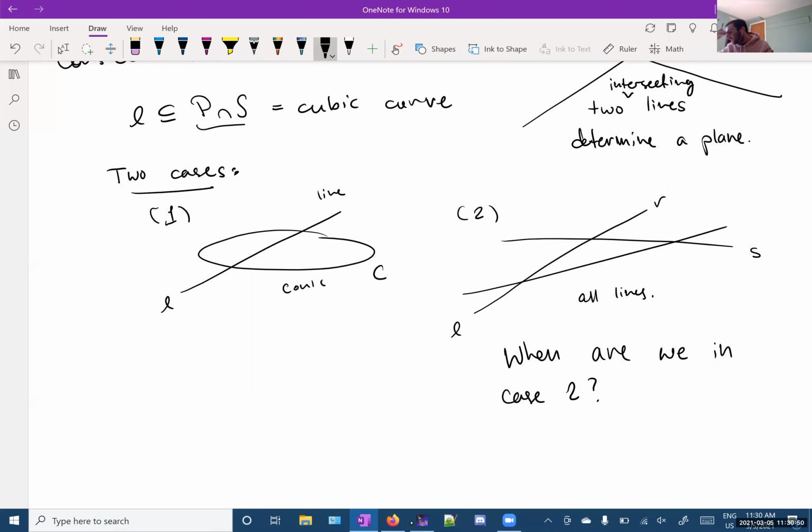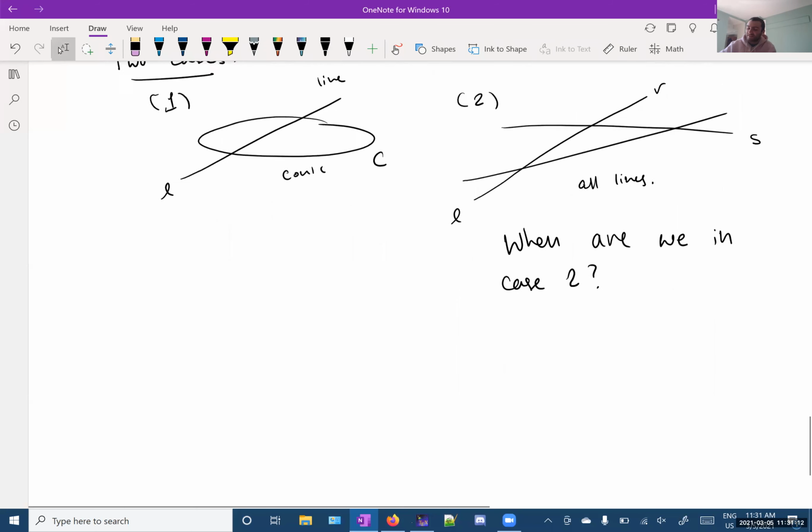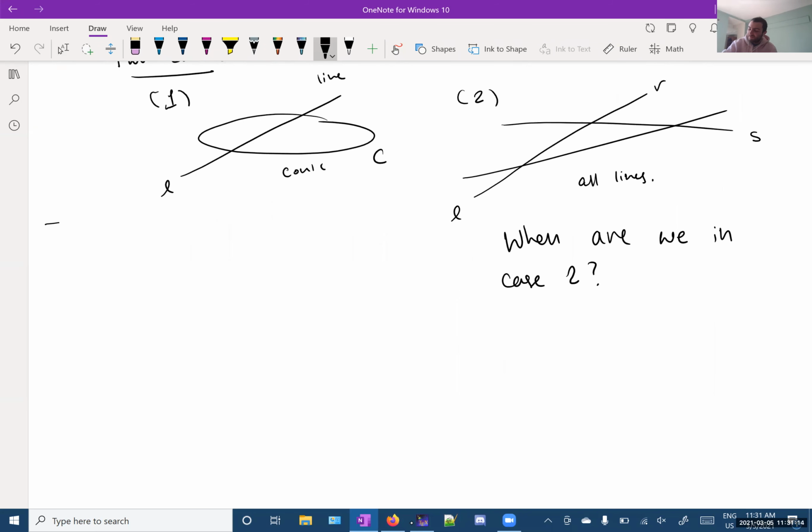How could we ever tell what this conic looks like by intersecting with this plane? And the answer is, we're doing algebraic geometry. We have a bunch of polynomials, so we can do some algebra with these polynomials and we can make some deductions.